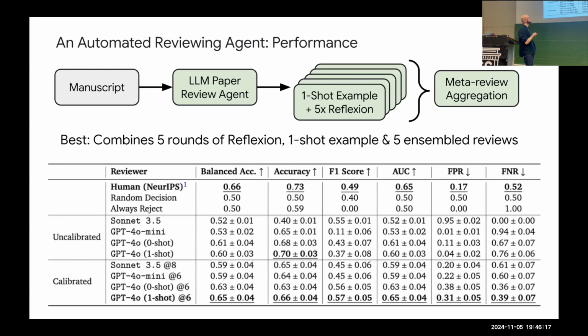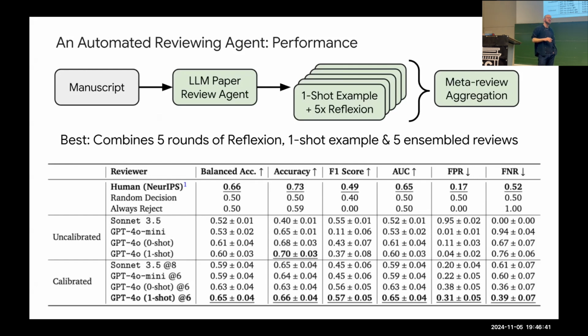This is basically a pipeline where we use the parsed PDF, the parsed paper in Markdown text format, and then we use an ensemble of 5 reviews generated by different LLM calls, as well as reflection.